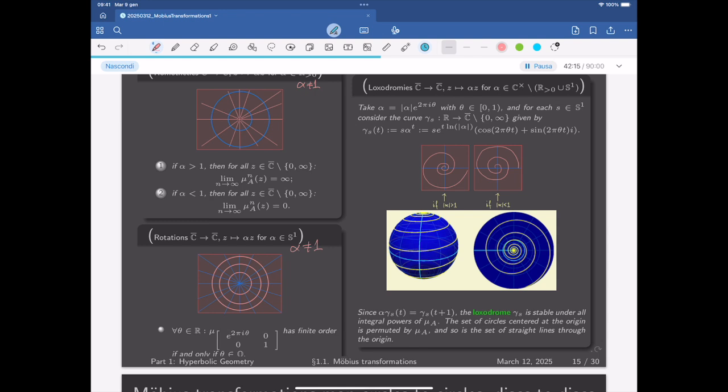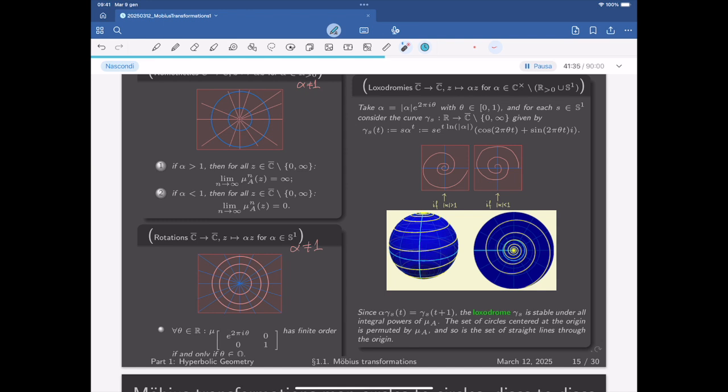I notice that multiplying by alpha then is just rotation, which means now that if I take a circle centered at the origin, it is stable under the whole group of Möbius transformations generated by multiplying by my alpha in the circle. Okay, the set of circles centered at the origin again foliates C bar minus the fixed points.